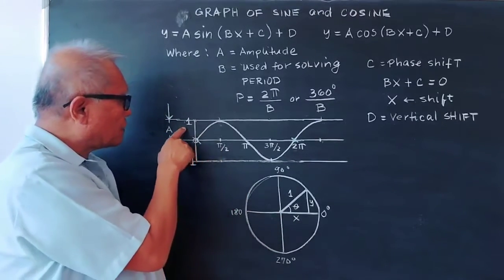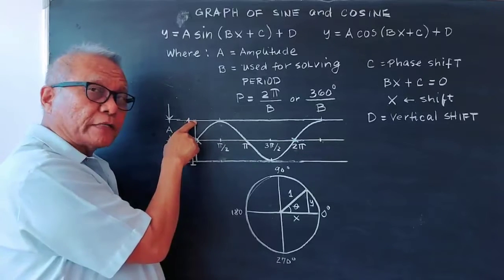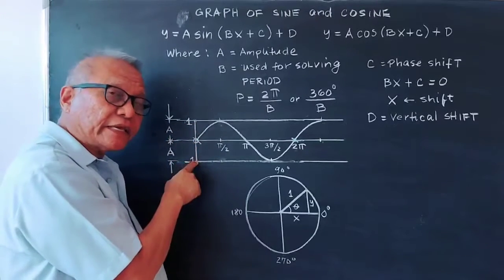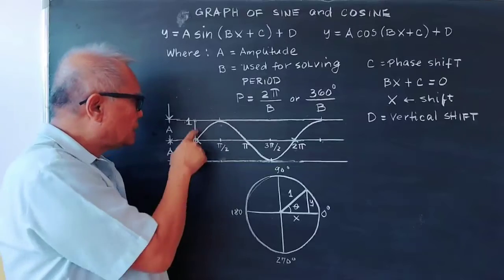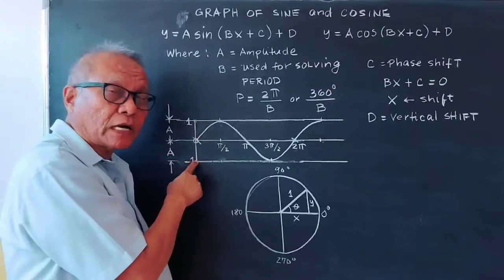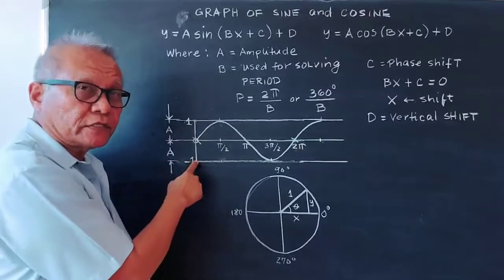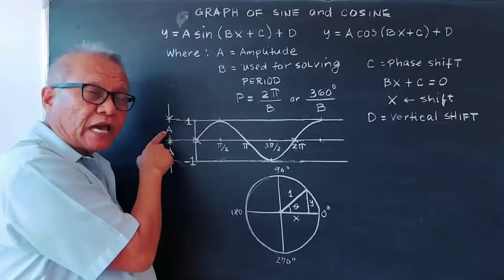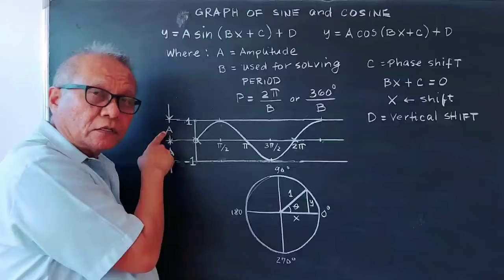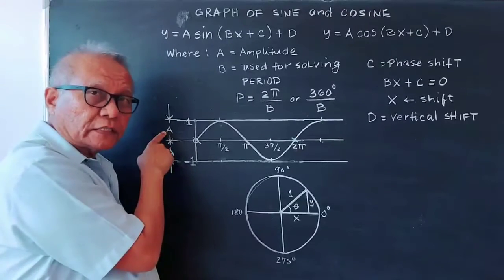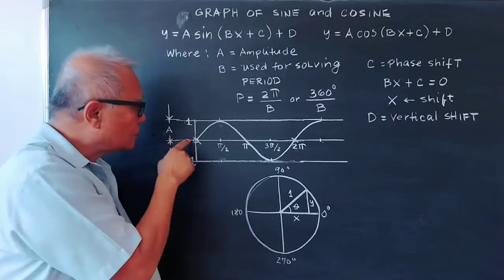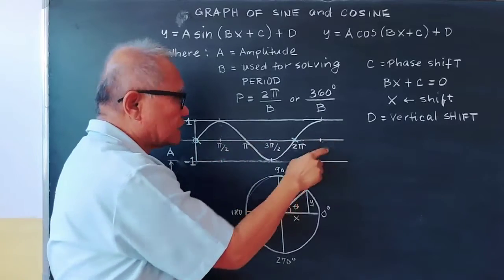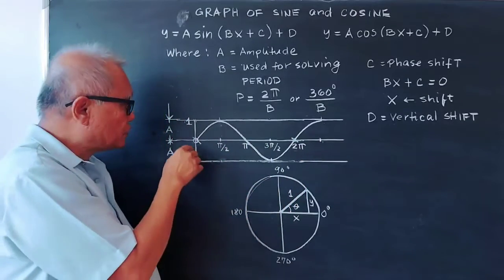Now here in our graph, this one is the positive 1 and this one is the negative 1, meaning this one is our range, and this A is the amplitude. The amplitude is the highest or the lowest point in a wave from the principal axis. So we have two amplitudes.